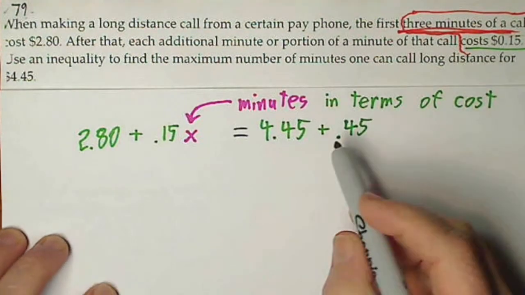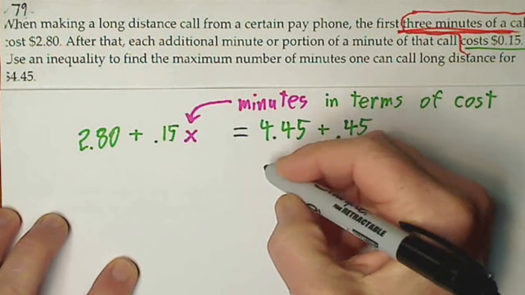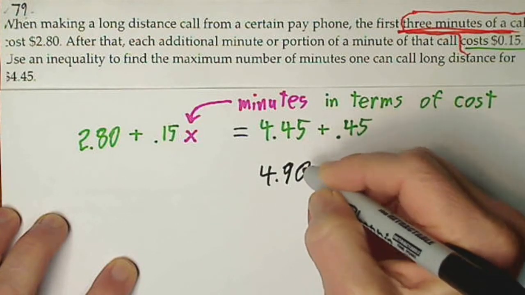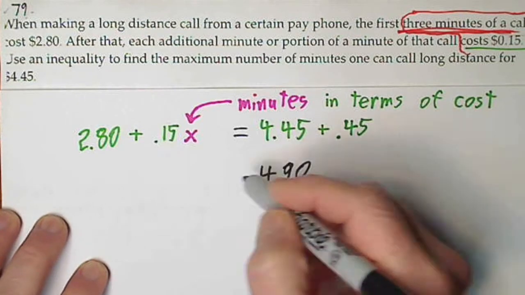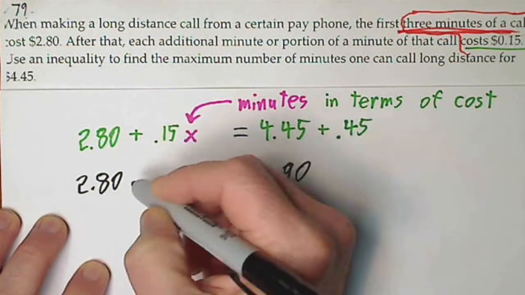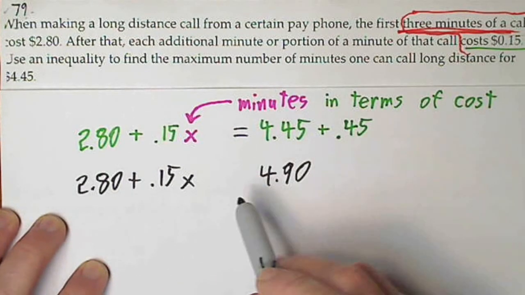Alright, so let's combine like terms. We can clean this up, so that would be 4.90. Oh, we need to take care of our inequality sign here, okay? So let's just rewrite this. We've got 2.80 plus 15x, our inequality.